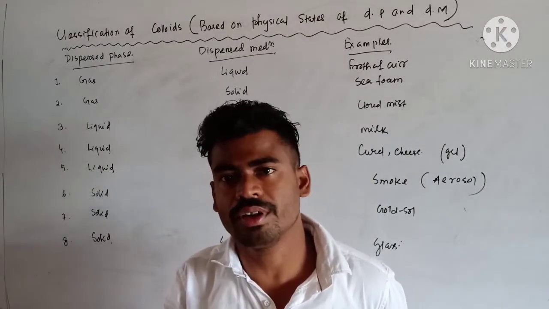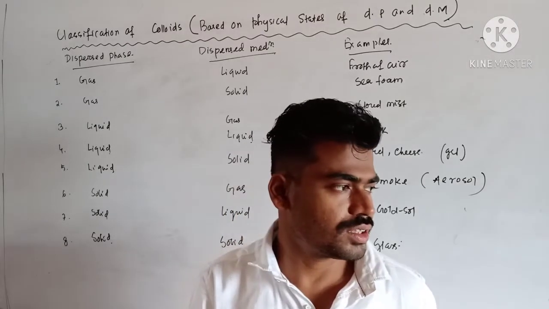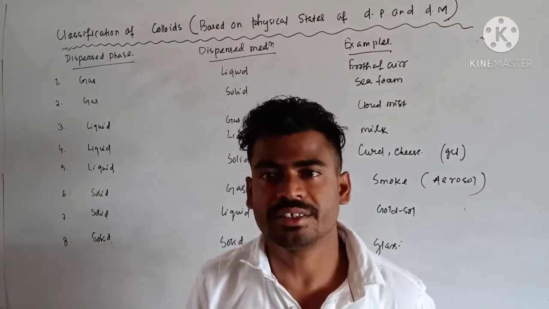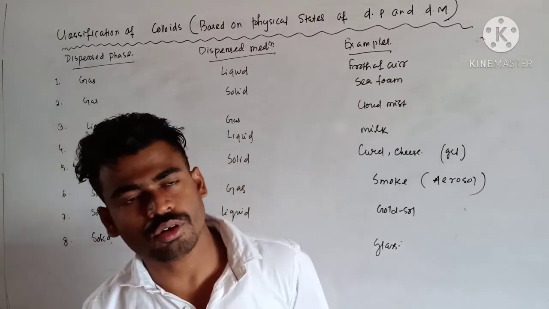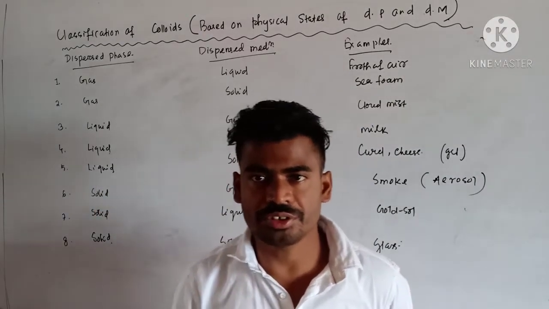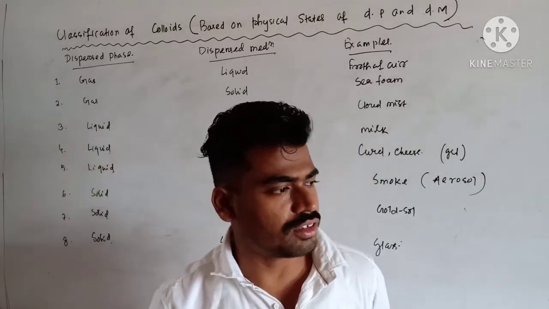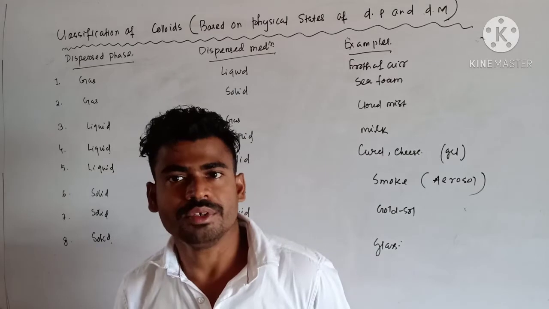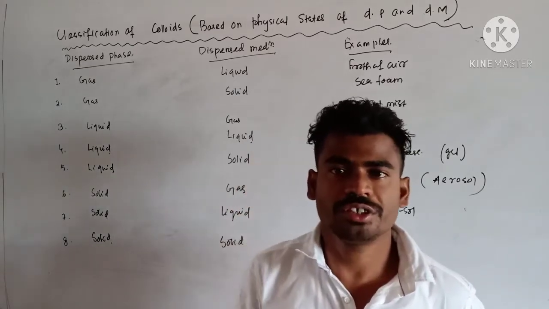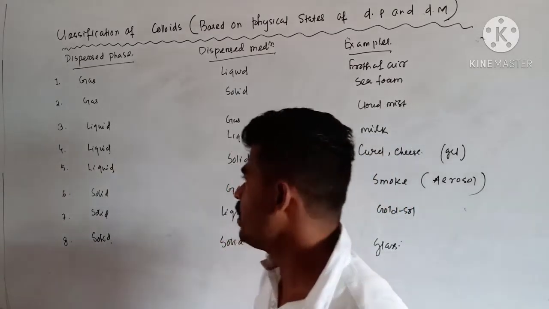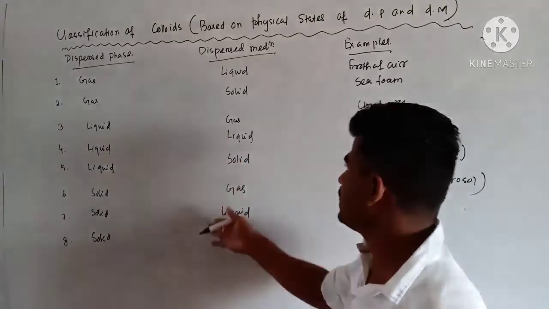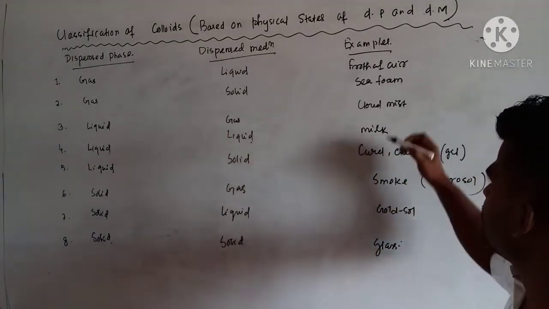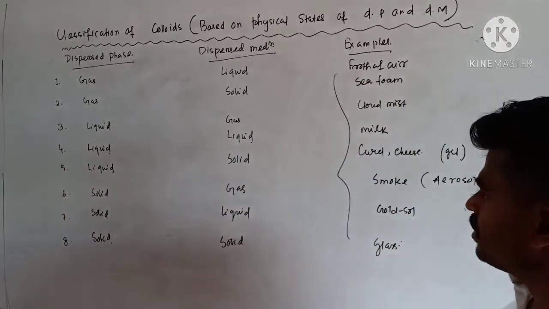First of all, I need to say over here, both the components, the dispersed phase and the dispersion medium, can't be considered as gases, because you know a mixture of gases always leads to a homogeneous mixture. So you know a colloidal solution is not a homogeneous system, it is a heterogeneous system. Different phases are there. So based upon the physical states, these are the representation of classification, and these examples are very important.